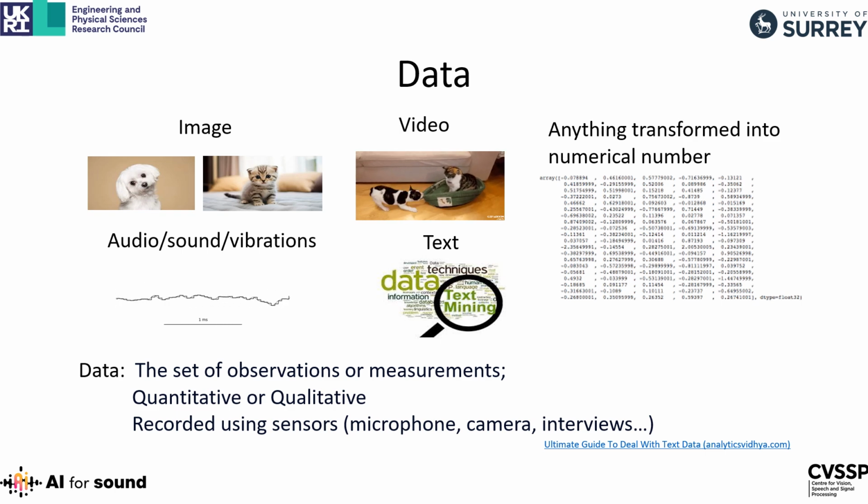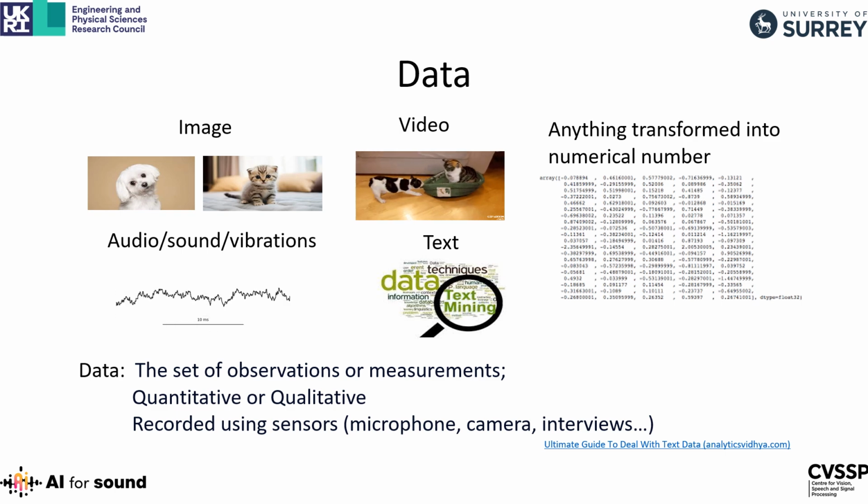It can be in the form of images, videos, audio recordings, vibrations, text reports, or anything that is transformed into numbers and can be understood by computers. That constitutes data which can be used to build these automatically learning models, which is AI.